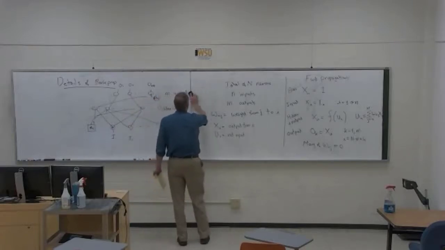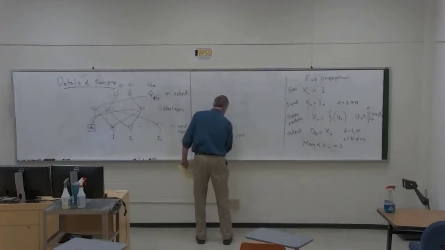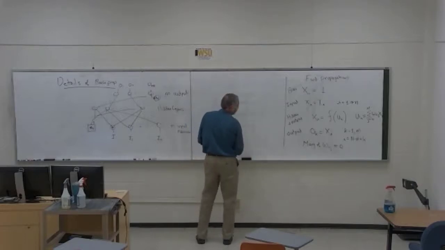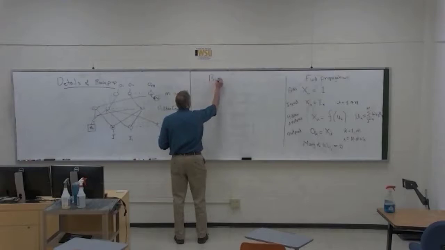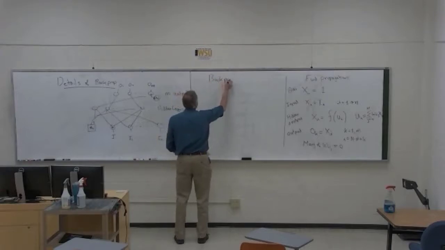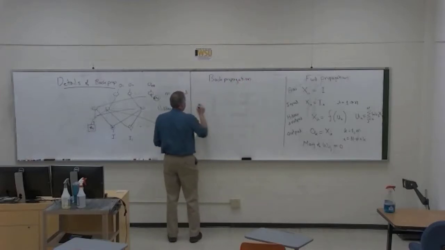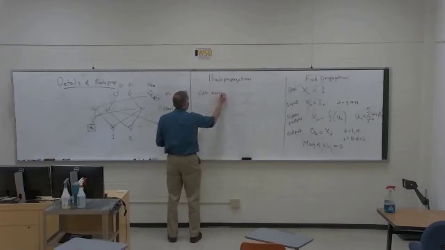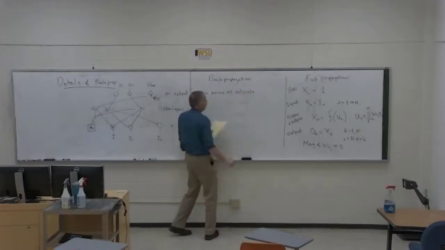Okay, then the back propagation looks like this. So once that's all done and we got an output, we do back propagation. And the first thing we do is we calculate errors at the outputs. Well, that's nothing new.